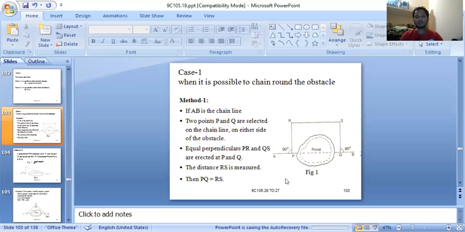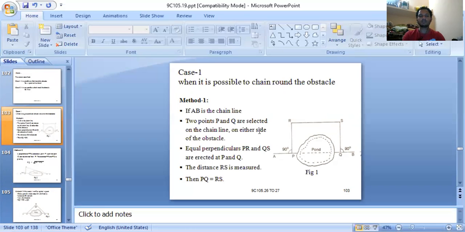First, lay the chain from A to P. If P is a point which is nearer to the pond, then erect a perpendicular at point P so that it crosses the obstacle and mark the point R. At R again, we have to erect another perpendicular to the line RP until the obstacle crosses, and we note down another point S.